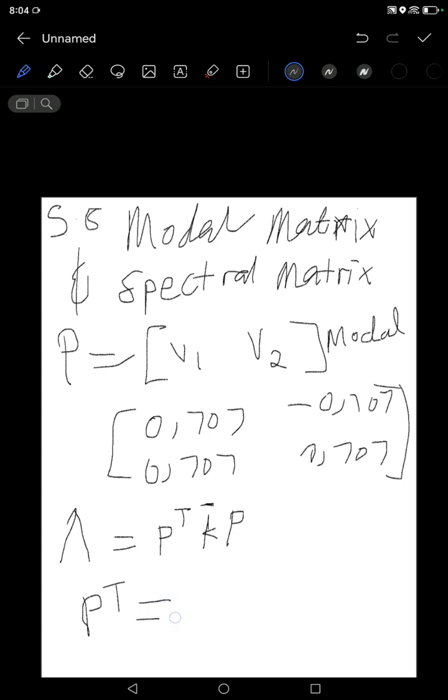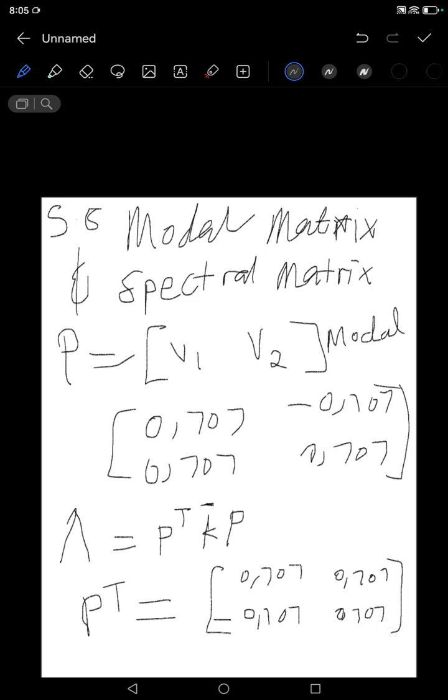You just swap here to get P to the power of T. So this negative is going to come here, so we have 0.707 and minus 0.707 and then 0.707.